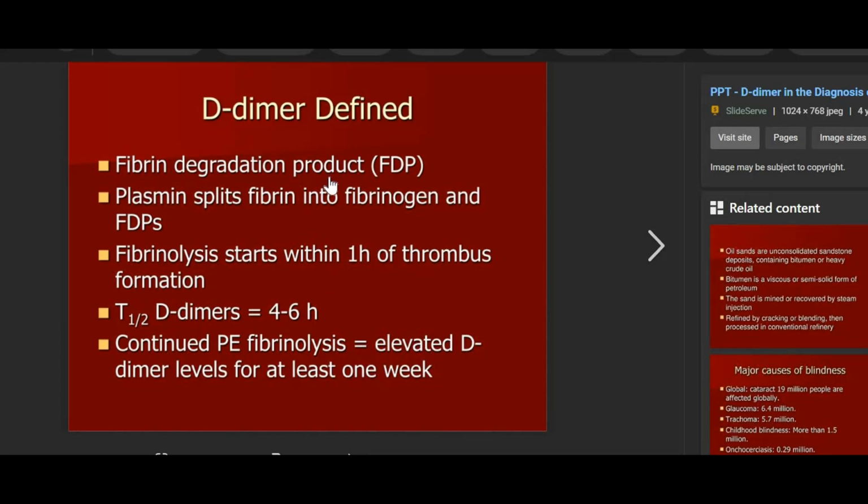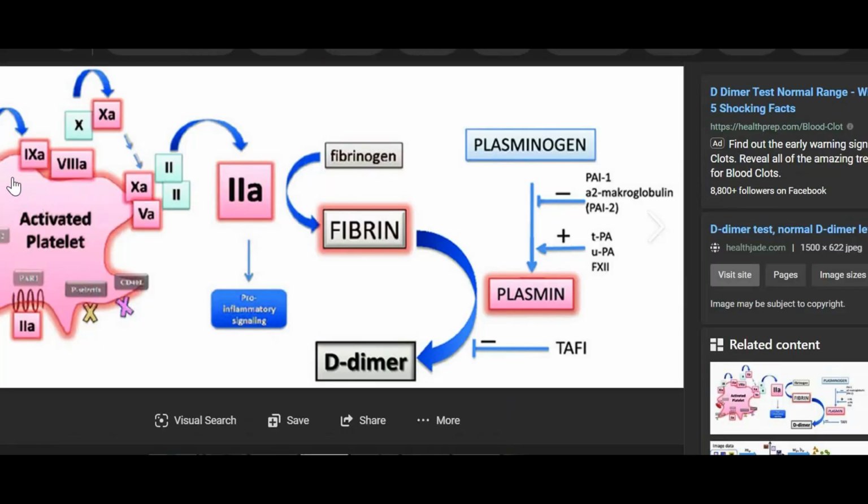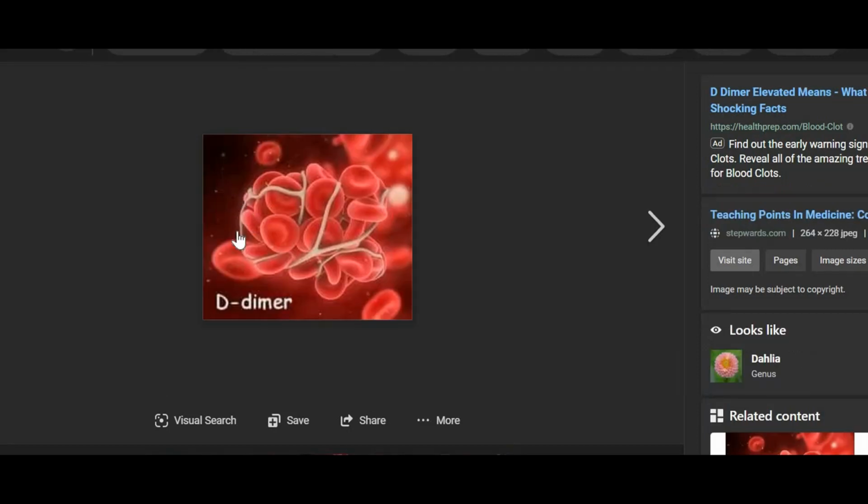So if you look at the clotting mechanism, whenever there is trauma or injury to the blood vessels and bleeding happens, platelet aggregation happens, which is followed by fibrinogen in the blood getting converted to fibrin. This fibrin acts as a mesh that traps the WBCs and RBCs and forms the clot.